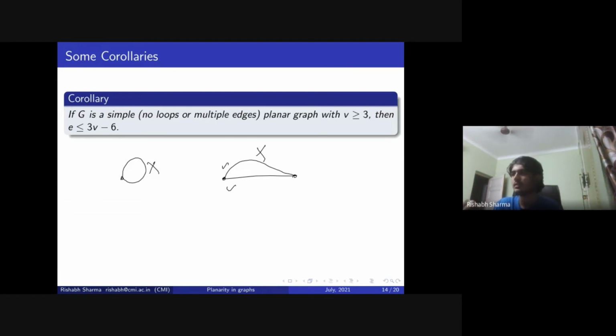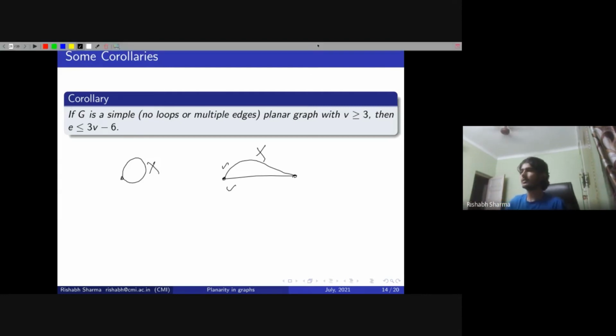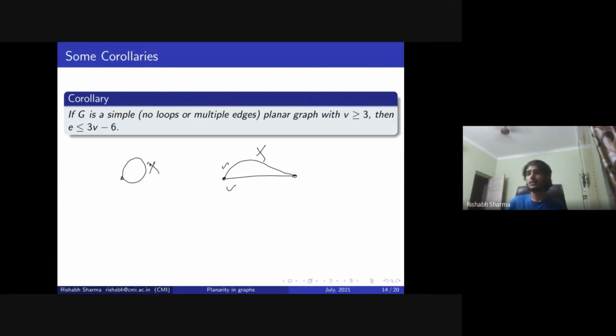Okay. But we are not dealing with multigraphs over there. We are dealing with simple graphs for now. For this particular result, we are saying that the graph cannot have these loops and multiple edges between vertices.